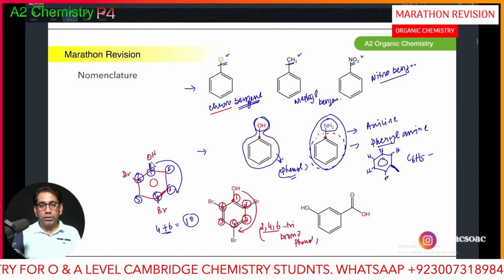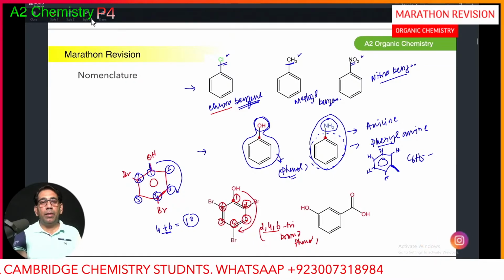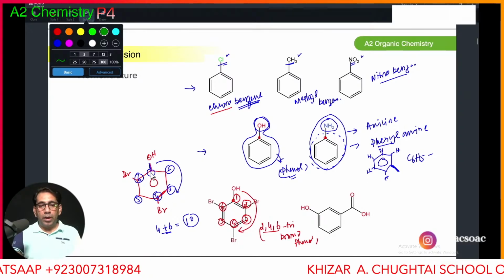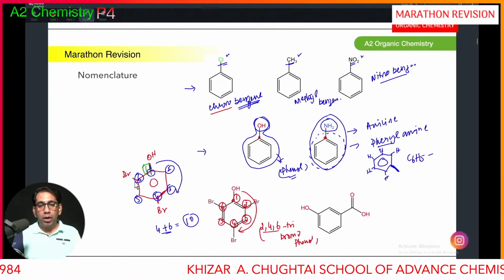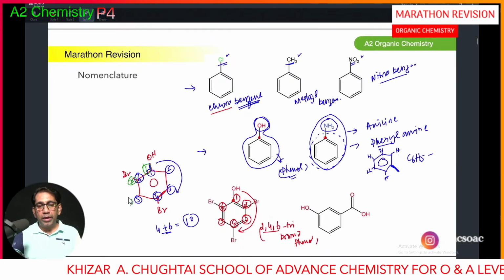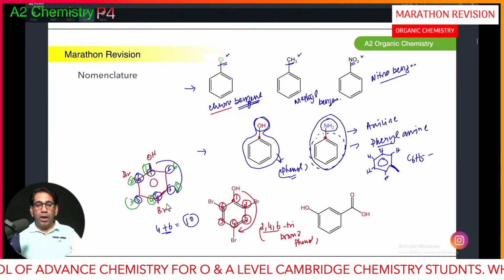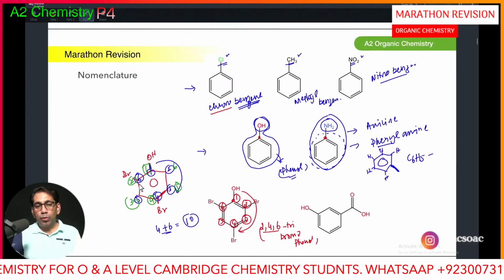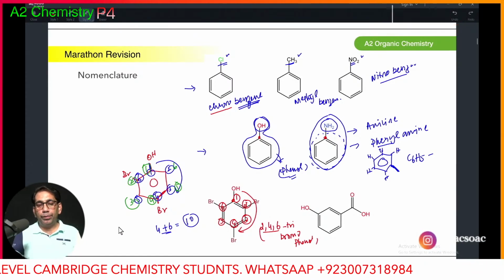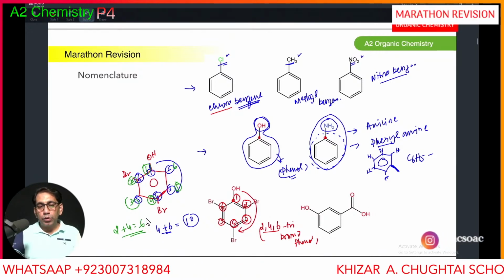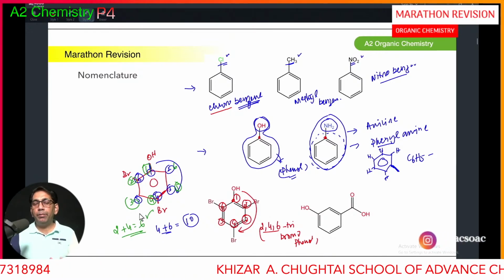Now, the other way around, if I mark the numbering, I am using another color pen: 1, 2, 3, 4, 5, and 6. According to these green numbers, what are the numbers of the Br groups? Here it is 2 and 4, that is equal to 6. So the smaller sum will be preferred.